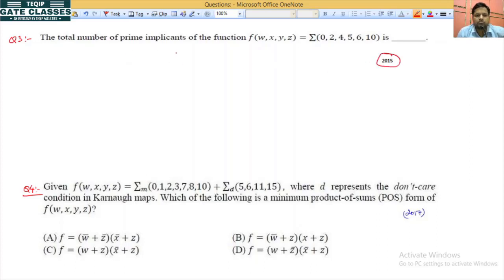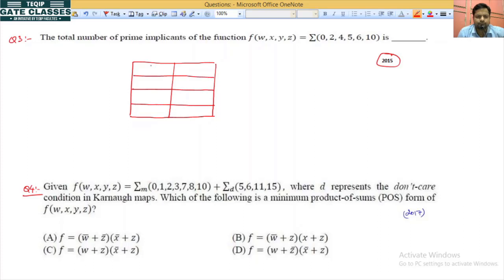Now the next problem comes from GATE 2015. The total number of prime implicants of the function, this is the function given. So we have a 4 variable K-map. This one is our 4 variable K-map.